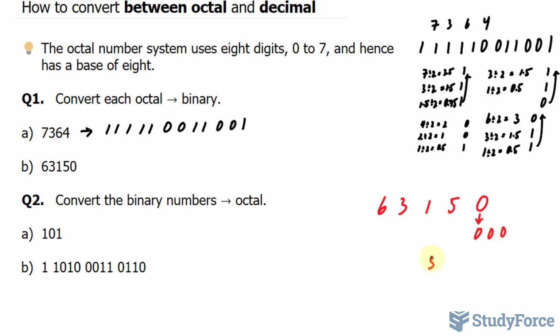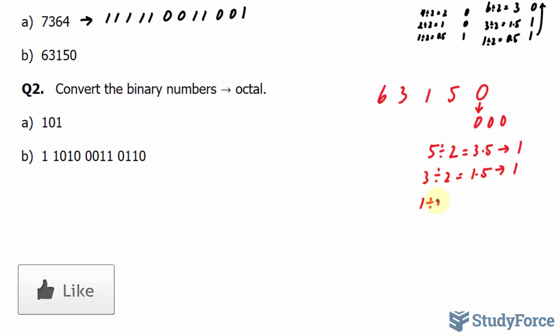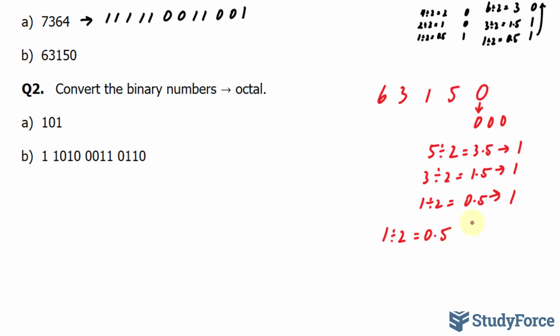Moving on to 5. 5 divided by 2 gives us 3.5, read as 1. 3 divided by 2 is 1.5, also read as 1. 1 divided by 2 is 0.5, also 1. The next one, 1 divided by 2 is 0.5, that's read as 1, and subsequently the next two will give us 0.